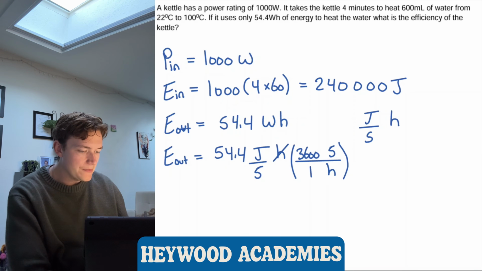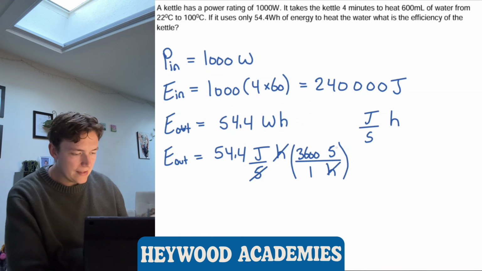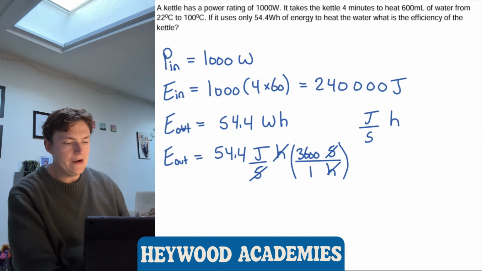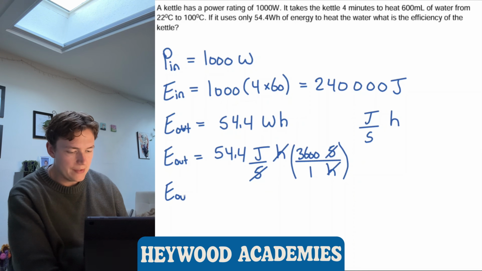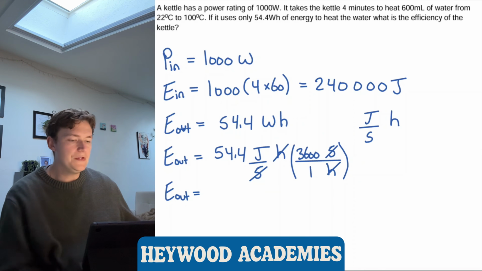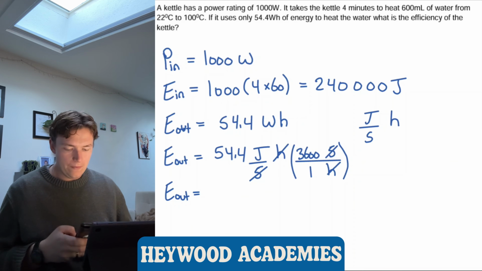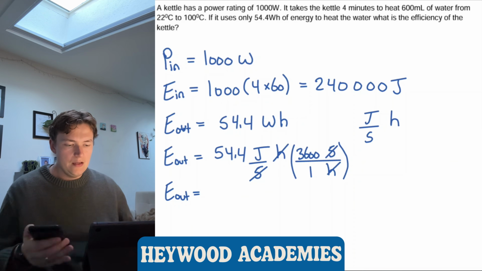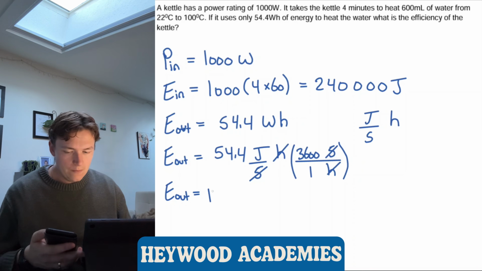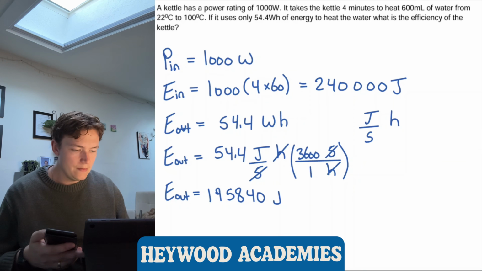Then these hours will cancel, and these seconds will cancel, and we'll just be left with joules. So this is a really weird unit that they use, but they use this for electrical metering all the time. It's usually kilowatt hours as the unit. But if we just follow the units, we can figure out how to convert that back. So 54.4 times 3600 is this big number, 195,840 joules.